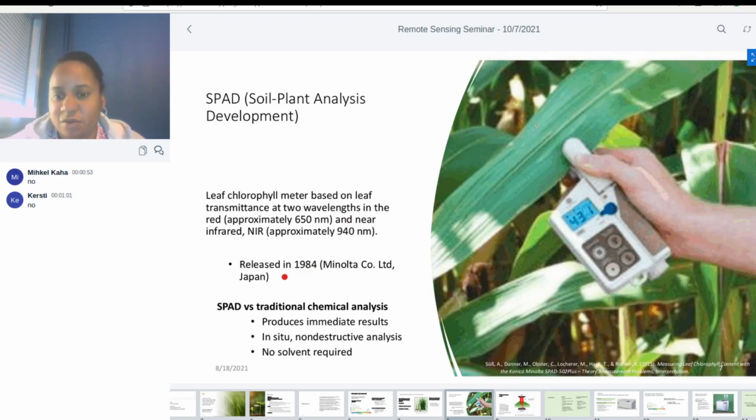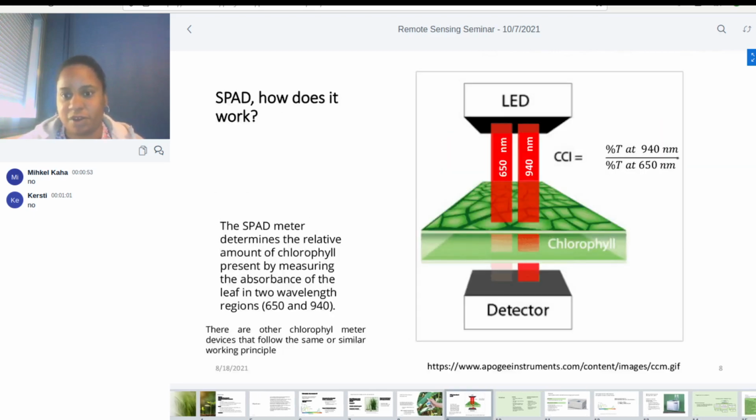This device was developed in 1984 by Minolta, and it has some advantages over traditional chemical analysis since it allows us to produce immediate results that are in situ and non-destructive. Also, it does not require the utilization of solvent for the extraction of the pigments for analysis.